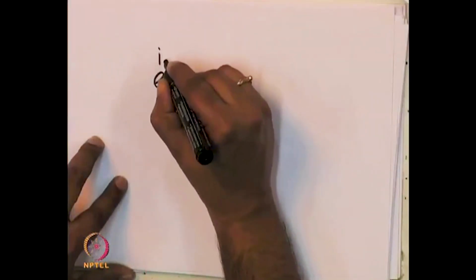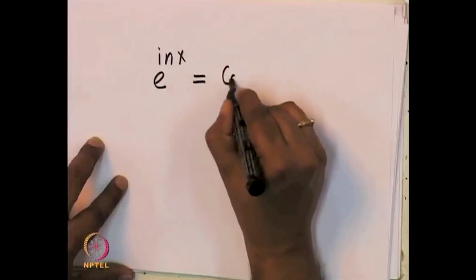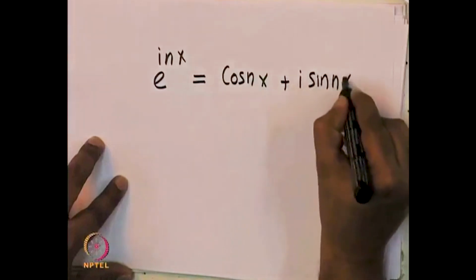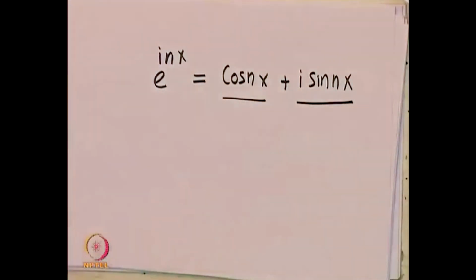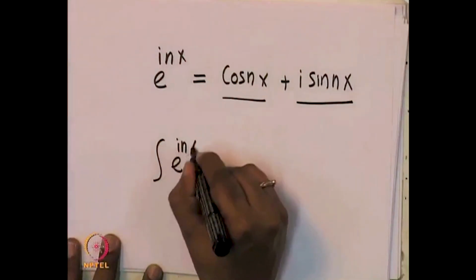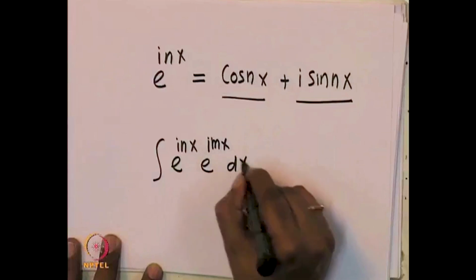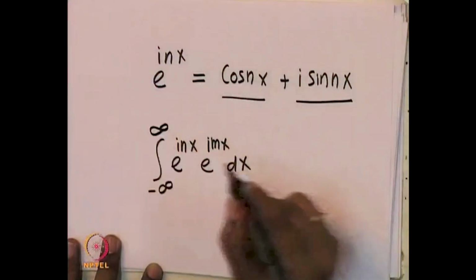You might know that e power i n x can be written as cos n x plus i sin n x. Now consider the integral of e power i n x into e power i m x dx from minus infinity to infinity.